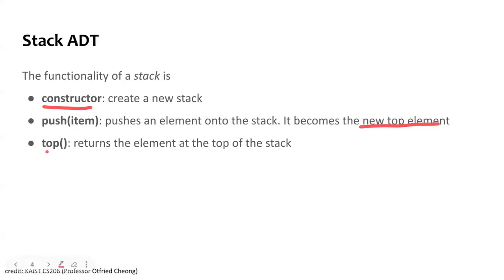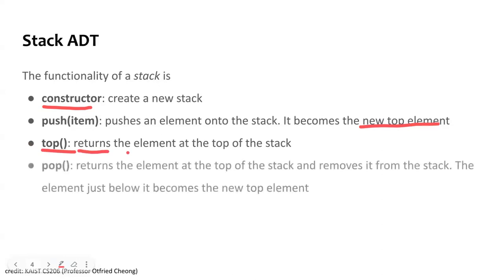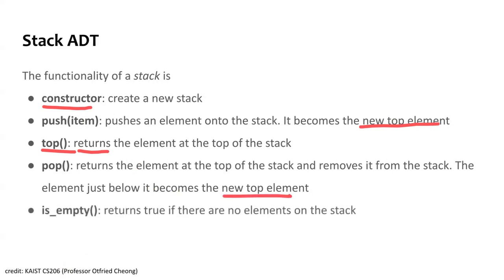The top method returns the element at the top of the stack. And pop returns the element at the top of the stack and removes it from the stack. The element just below becomes the new top element. And isEmpty returns true if there are no elements on the stack.